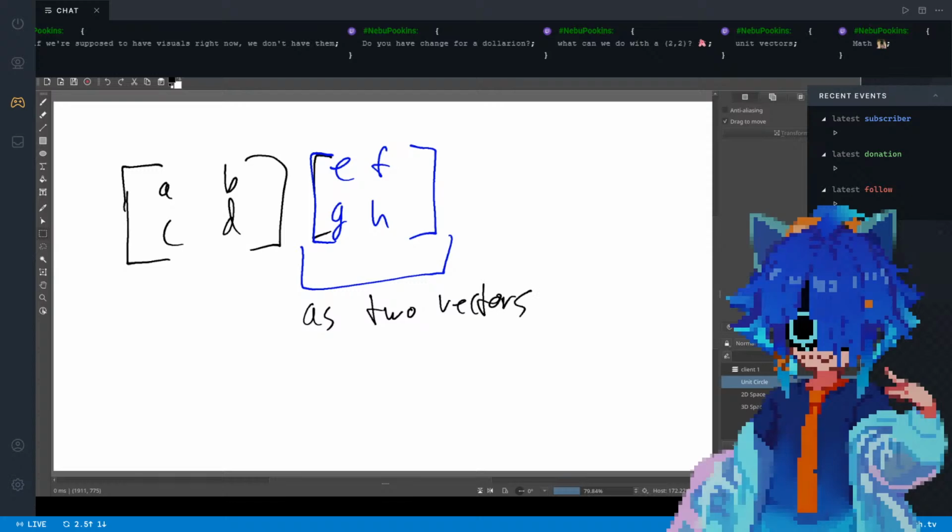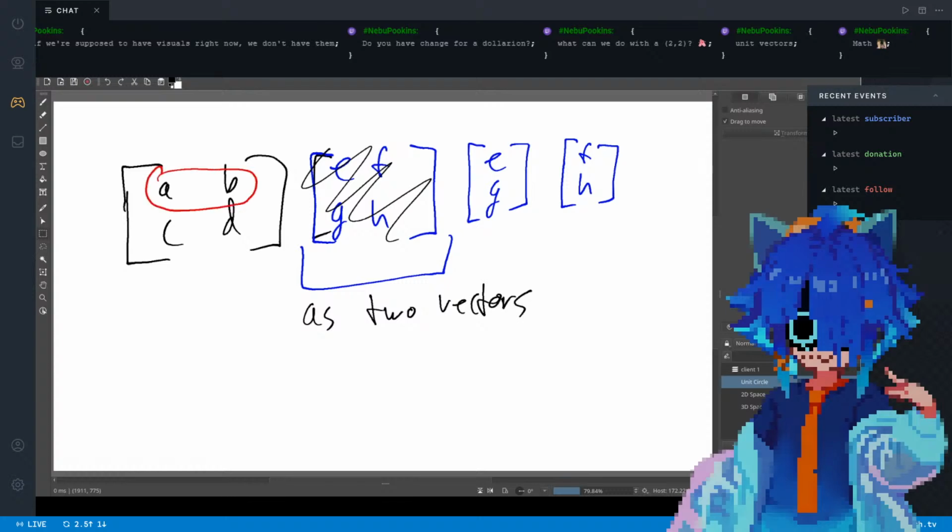So we pretend that this isn't here, and instead we have the vector E, G, and we have the vector F, H. Well, we know how to multiply a matrix by a vector. We take the row, multiply it by the vector, and then we do it again. So we wind up dot producting every row with every column.